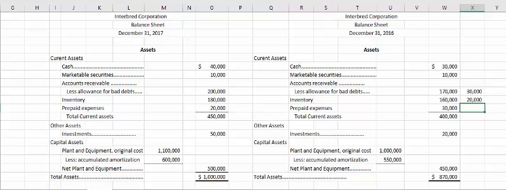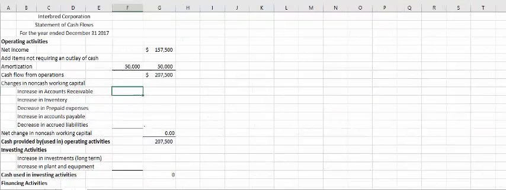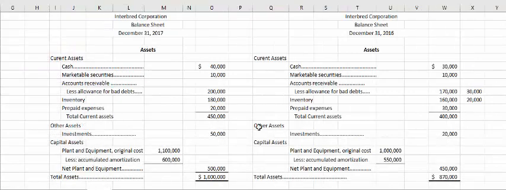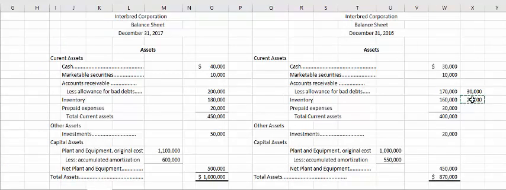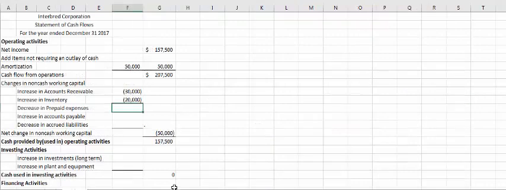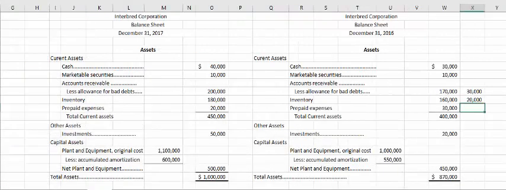That's actually a use of cash. So it's going to decrease the cash we would otherwise have available. So our accounts receivable results in a use of $30,000 in cash, and our inventory results in a use of $20,000 in cash.